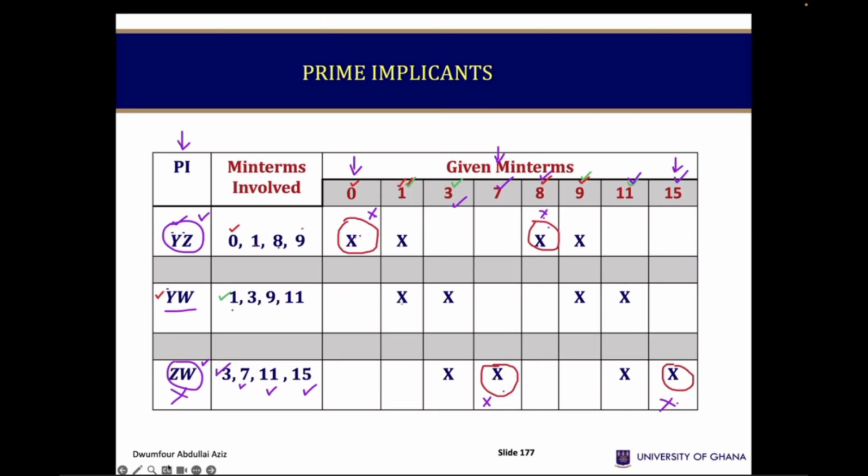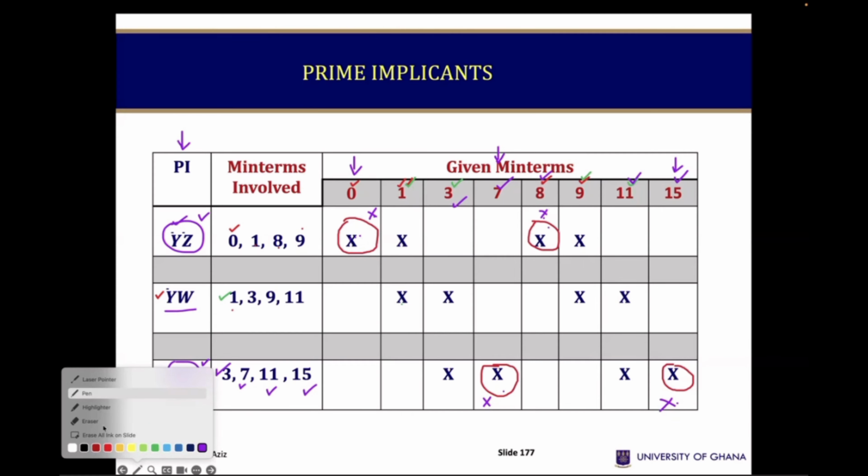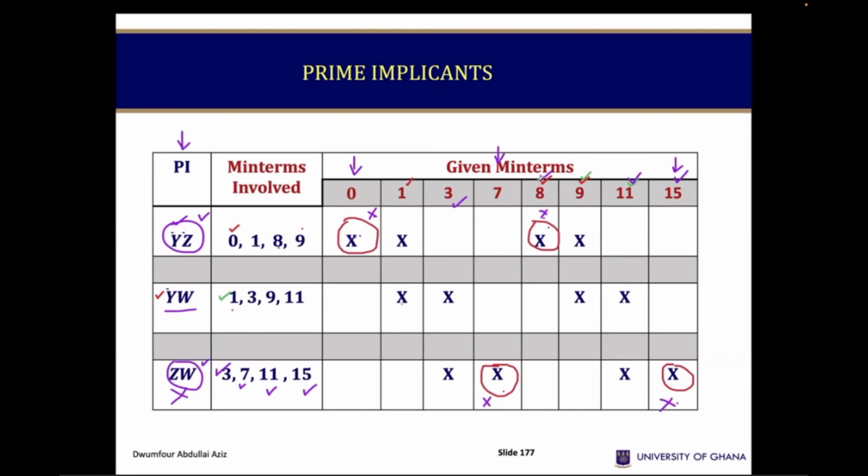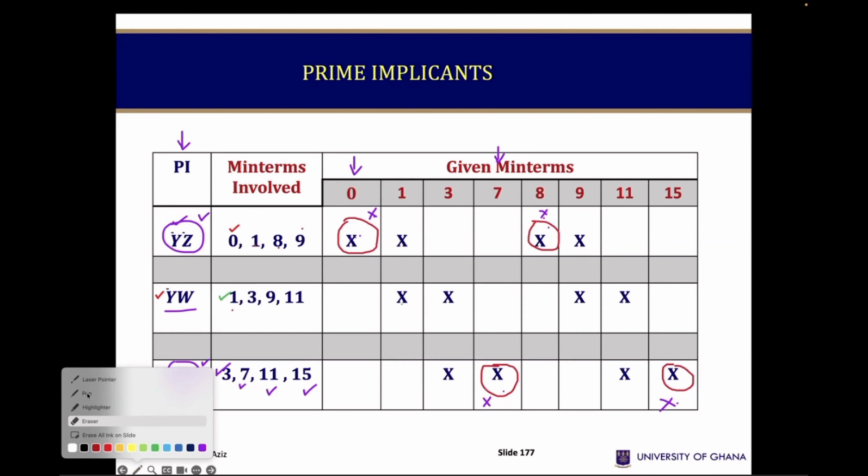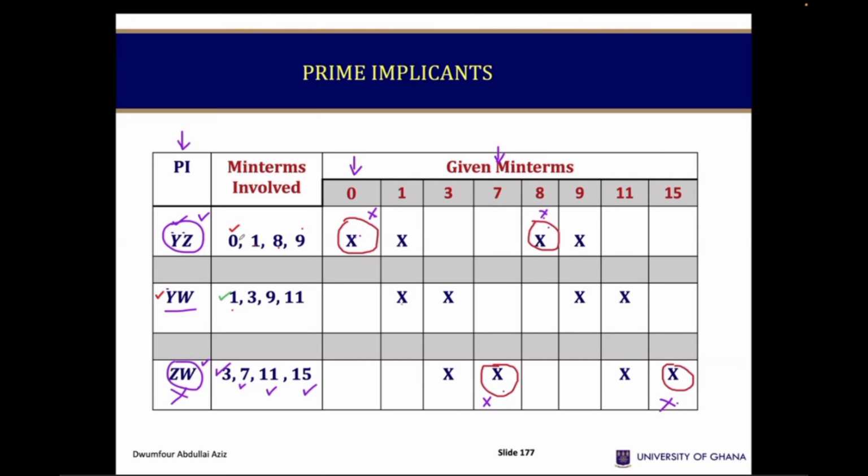So how do we ascertain this? If indeed we are saying that Y bar, Z bar, and ZW are our essential, it means that the mean terms for this and this should be able to cover all of these without leaving anyone out.